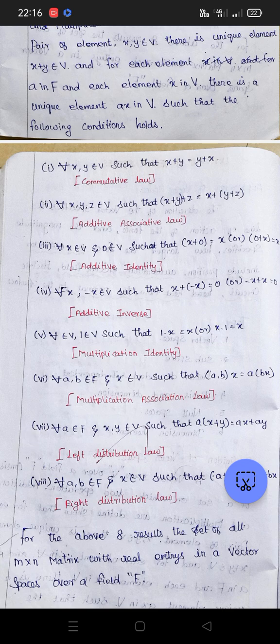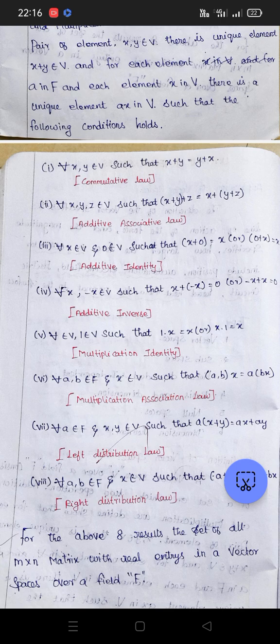The third: for all x belonging to V there exists 0 belonging to V such that x plus 0 is equal to x and 0 plus x equals x, the additive identity law. The fourth: there exists minus x belonging to V such that x plus minus x equals 0, or minus x plus x equals 0, the additive inverse law.